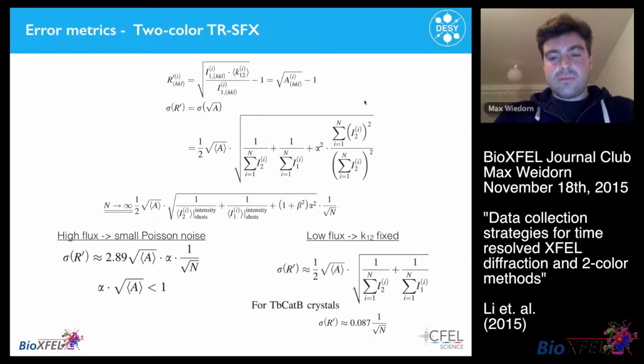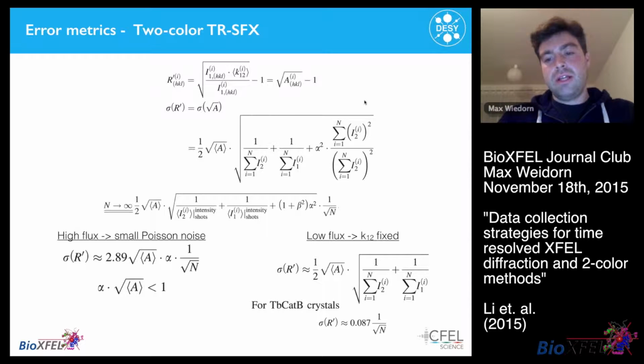And here, the prior knowledge that you get, since you probe your crystal twice, you already compensate for all the crystal effects, and therefore your prefactor is a lot lower compared to the 2.9 for the standard Monte Carlo approach.